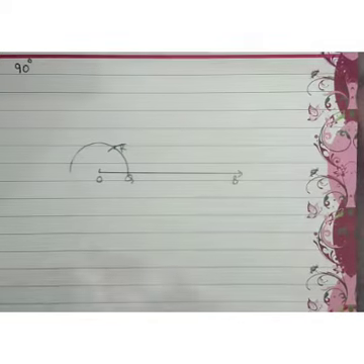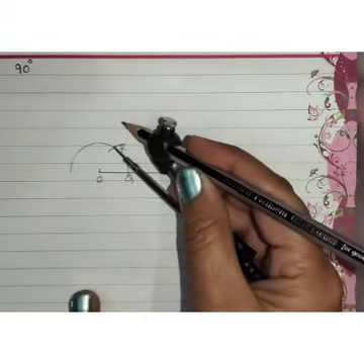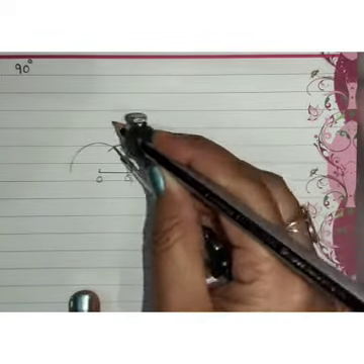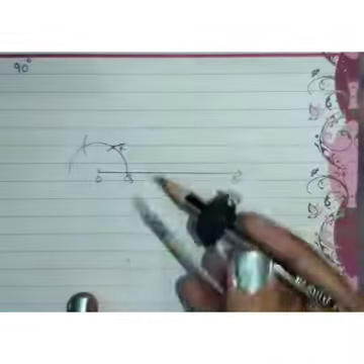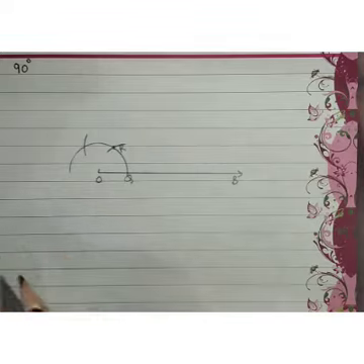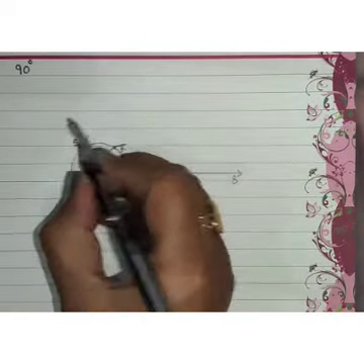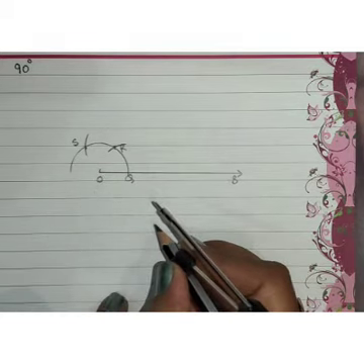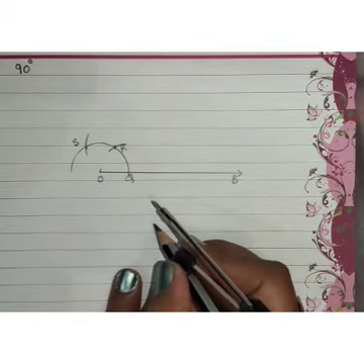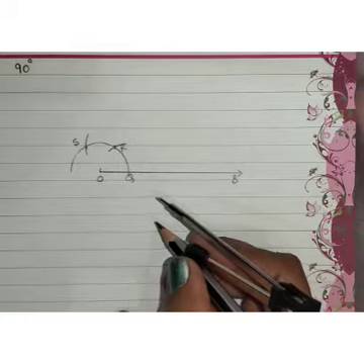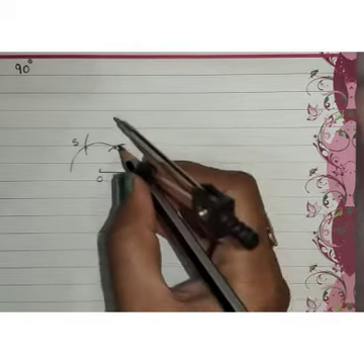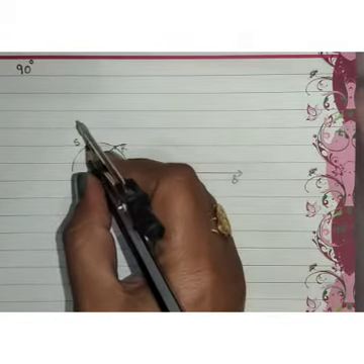This point R. Now taking R as center and same radius, we draw another arc. This arc will be of 120 degree. If we join O and S, you will get angle of 120 degree. As we know that 90 degree lies between 60 degree and 120 degree.